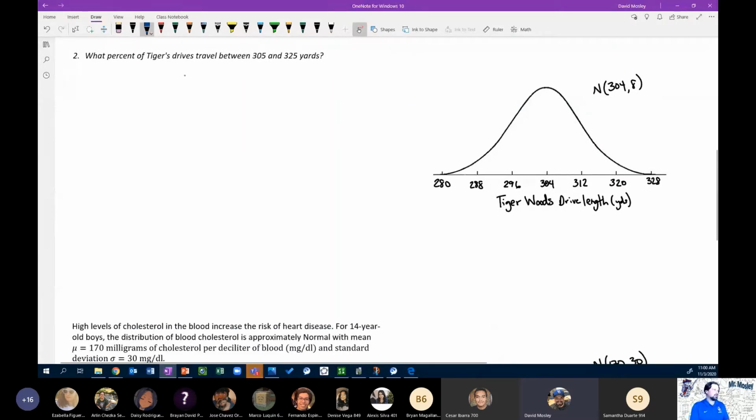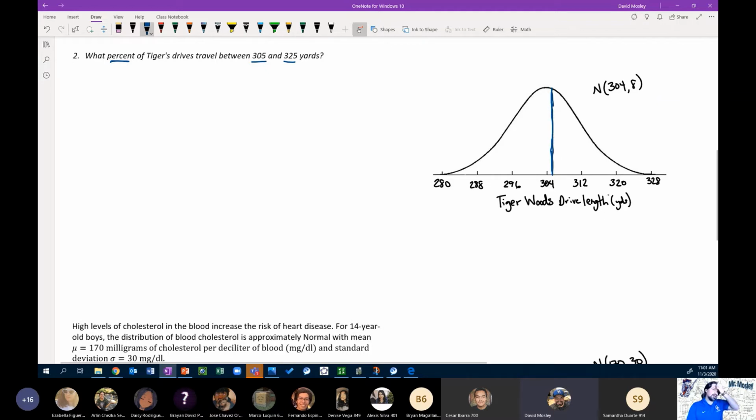So our next one here, we want to know, again, the percent of Tiger's drives that travel between 305 and 325 yards. Again, if we look at our graph here of the distribution, again, we'll pretend that I can draw a straightish line. It's very hard to do on this.